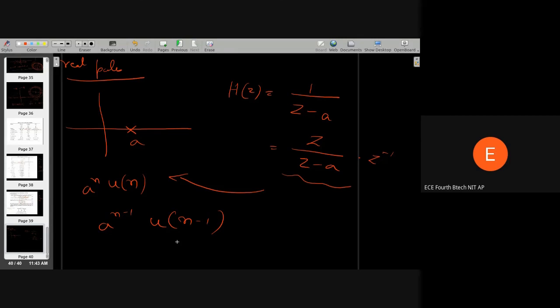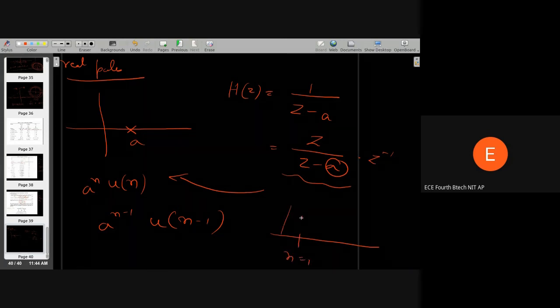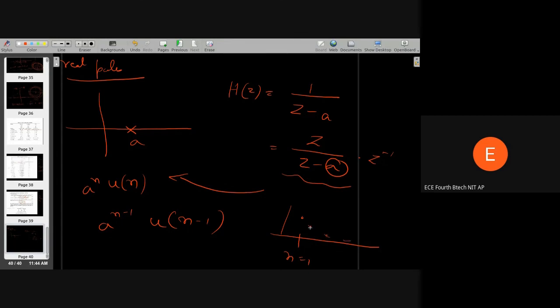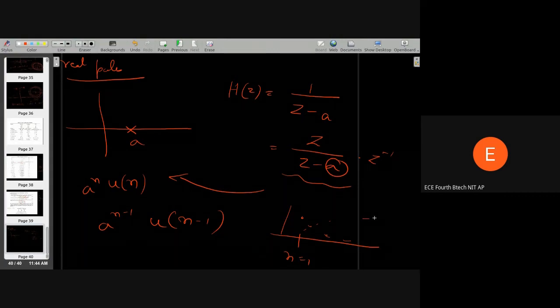So like that. What is happening is, depending on the value of a, your signal is either increasing or decreasing. It starts from n equal to 1. So a real pole represents a discrete exponential.